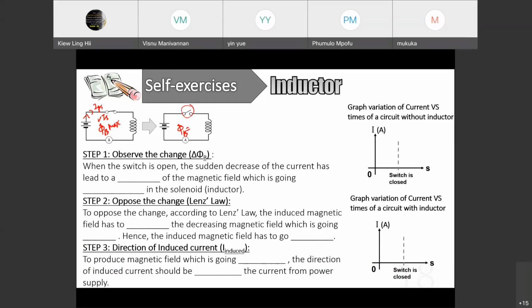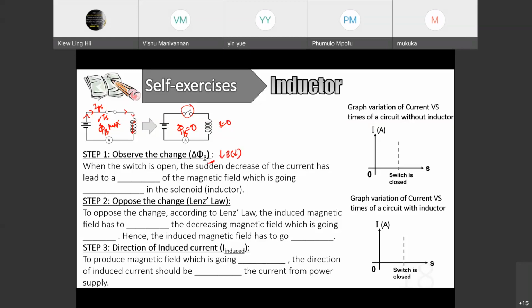What will happen to the induced current? Again, observe the change. When the current of the power supply flows like this, there is a magnetic field which is moving downwards. When there is no current from the power supply, there is no magnetic field. So what is the change here? There is a decrease of the magnetic field which is moving downwards.